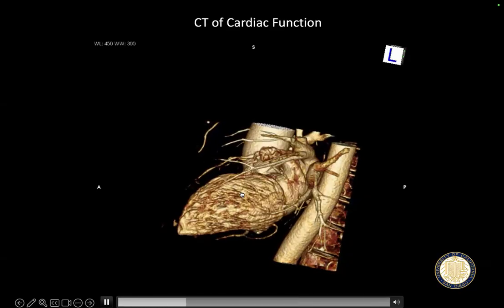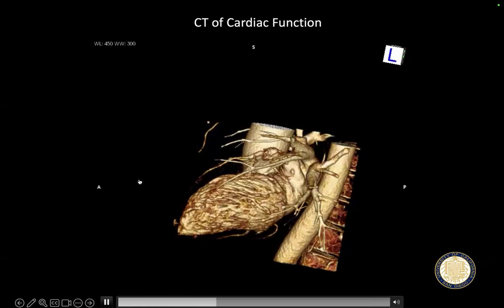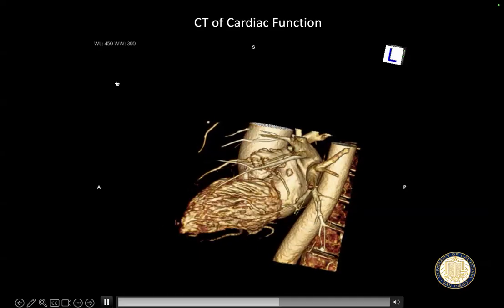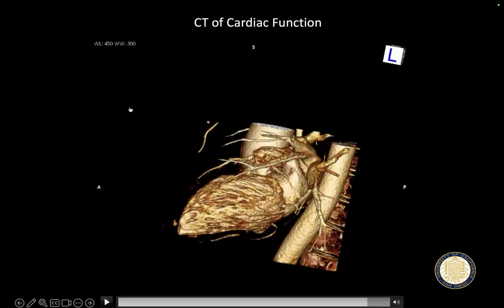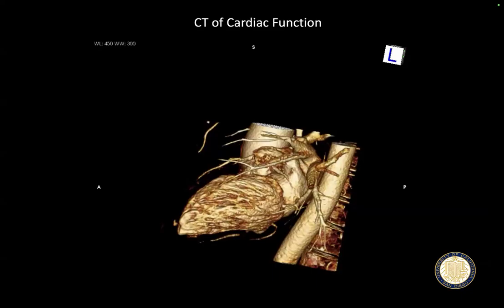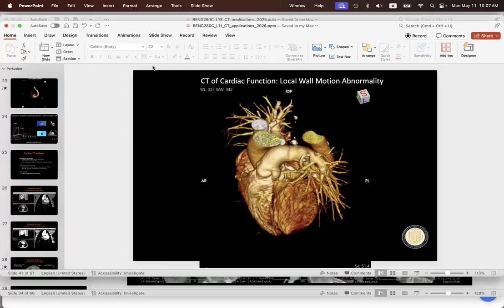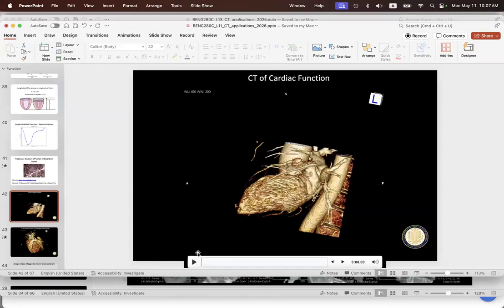So it contracts first and then the left ventricle contracts next. As per usual, the movies are screwing up. Let me try and escape out of here. There we go. It's good to see these.